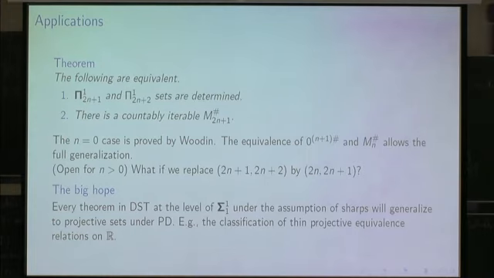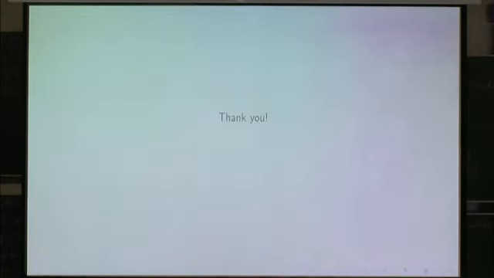For instance, the classification of thin projective equivalence relations on R. Every projective equivalence relation should either have a perfect set of mutually inequivalent members, or should have a nice well ordering, and the well ordering should have order type less than one of the projective ordinals. So, thank you for your attention.